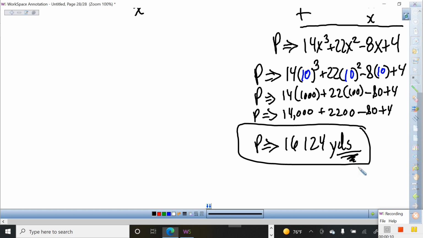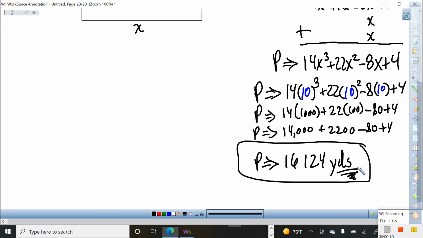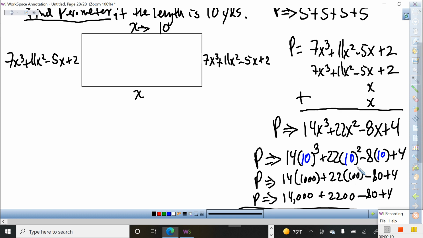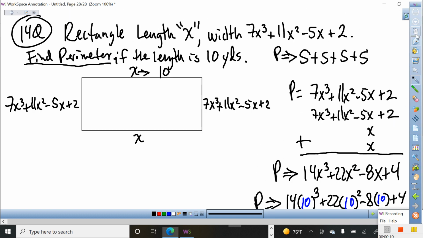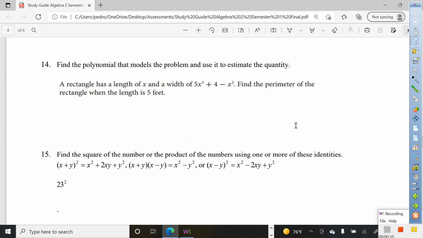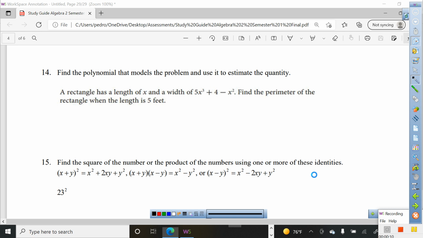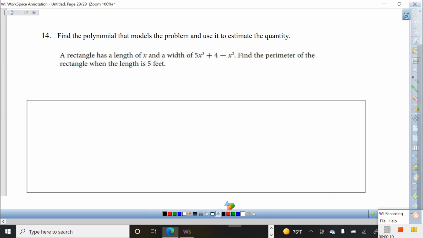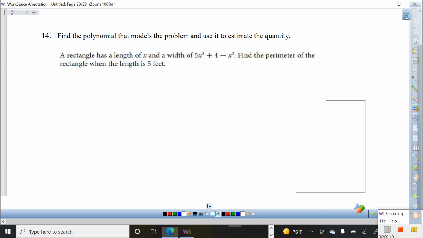Yes? So with that said, I want you to go to number 14 on your study guide. Do number 14. Make sure you label your stuff, set it up. All right, I'll give you some time for that.